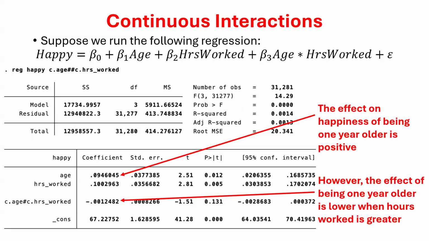So what's going to happen to that marginal effect as I increase hours worked? It's getting smaller, right? I'm multiplying a negative value by a larger and larger number, so it's going to be decreasing. So my marginal effect of age is no longer one single value. It depends on this other value, hours worked.